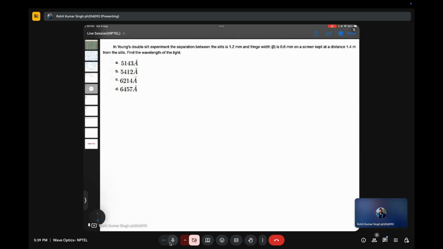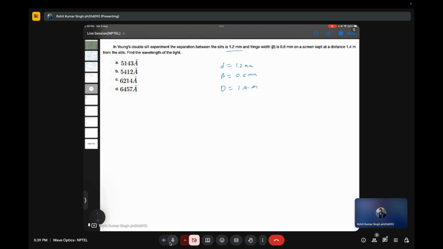Okay, this is also a very simple problem on the application of this formula. So in Young's double slit experiment, the separation between the slits, small d, is given, and the fringe width is given as 0.6 millimeter, and the screen is kept at a distance of 1.4 meter from the slits, so this is also given.